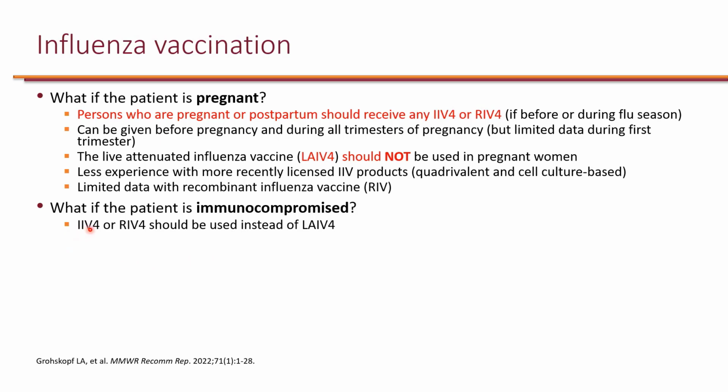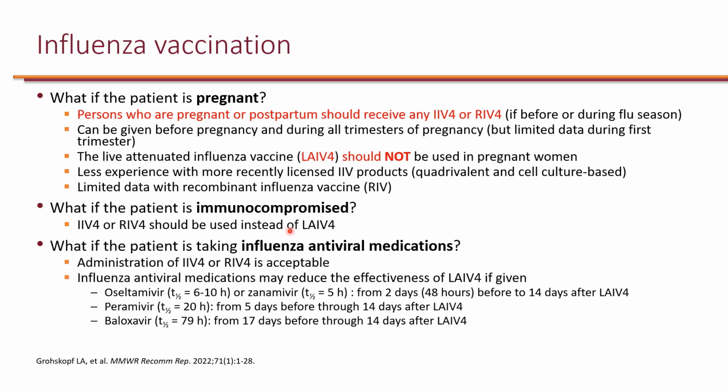So either inactivated influenza vaccine or the recombinant, and of course, inactivated either egg-based or cell-cultured, similar to pregnancy, and live attenuated should not be used. So the live attenuated, because they replicate in the body, should not be used in immunocompromised patients, because it can replicate and get out of control due to immunocompromise.